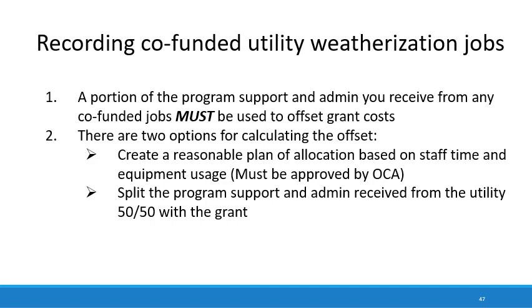The first is you can create a reasonable plan of allocation based on staff time and equipment usage, and you can submit this plan to OCA, but it should be approved before you begin using it. Secondly, you can also just split the program support and admin you receive from the utility 50-50 with the grant.